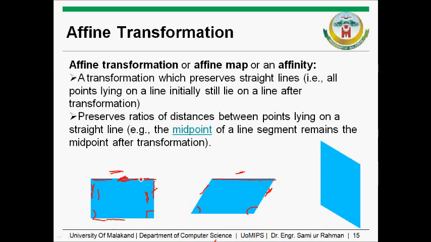So this point is here, and this is also the midpoint after transformation. So this is also an aspect of affine transformation, that the ratios remain the same. The length can change, but the parallelism and the ratios will remain the same. Okay.